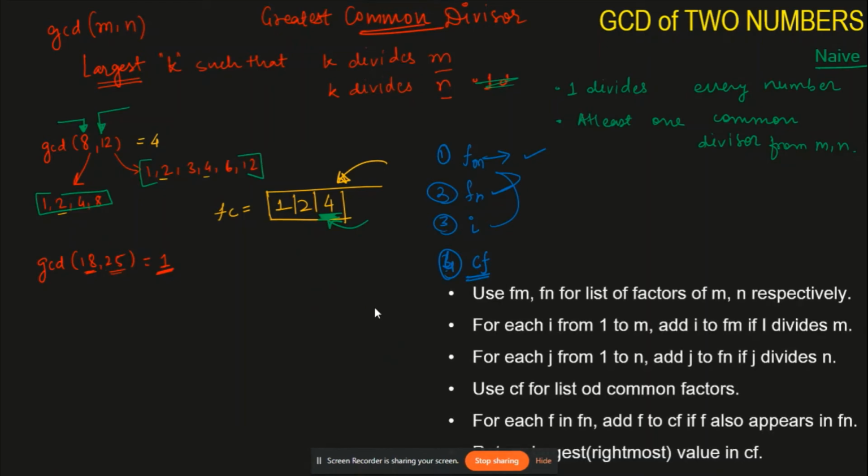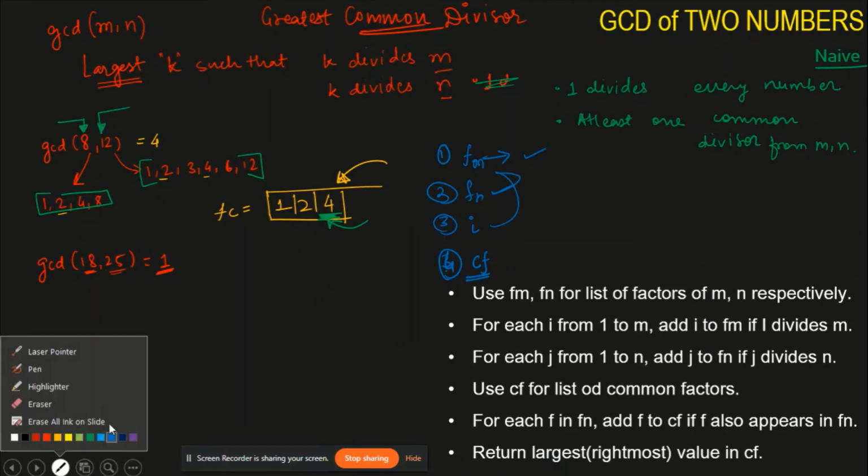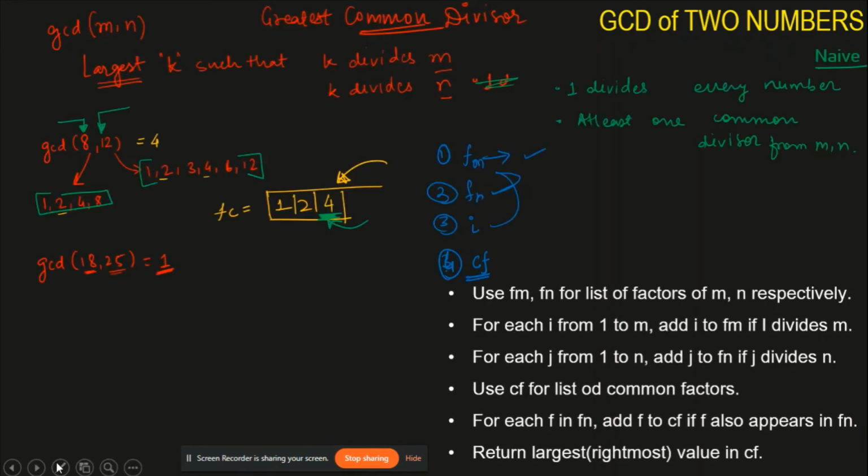So the basic algorithm can be like this. We're going to have an array fm and an array fn, where we write the factors of m and n respectively.